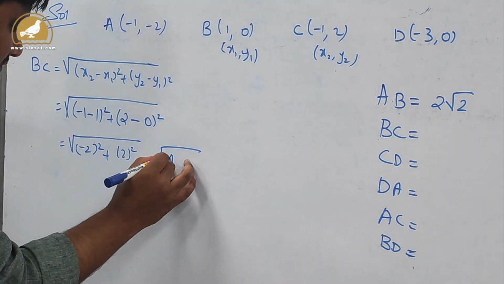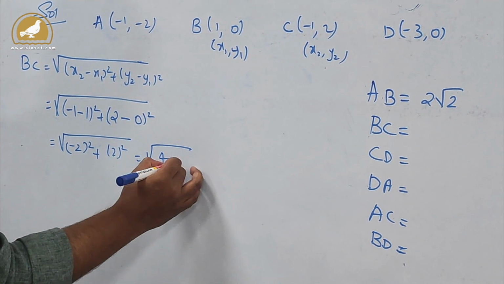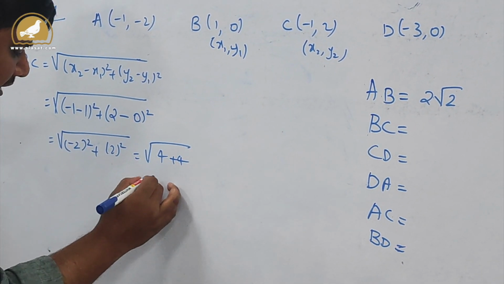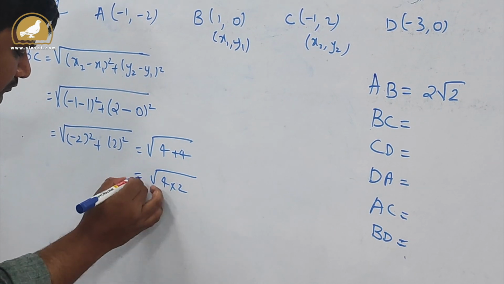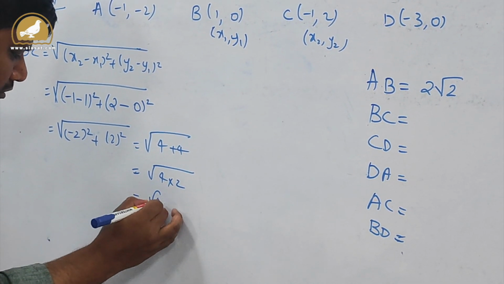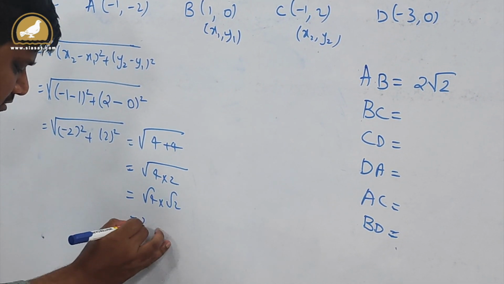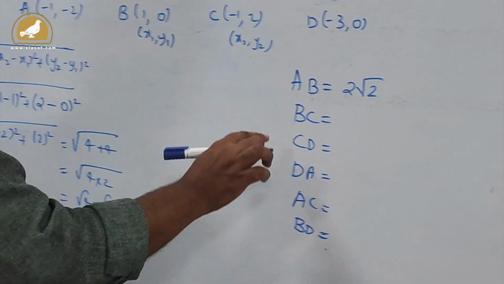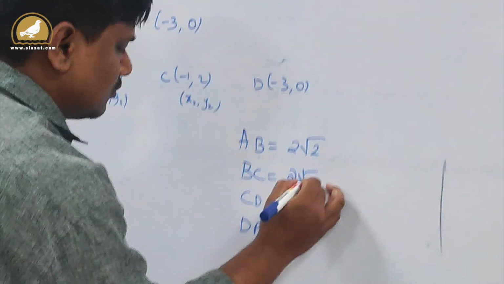This I can write as 4 plus 4, which can be written as 4 into 2. Root 4 into root 2. This is 2 root 2. So I got the value of BC as 2 root 2.